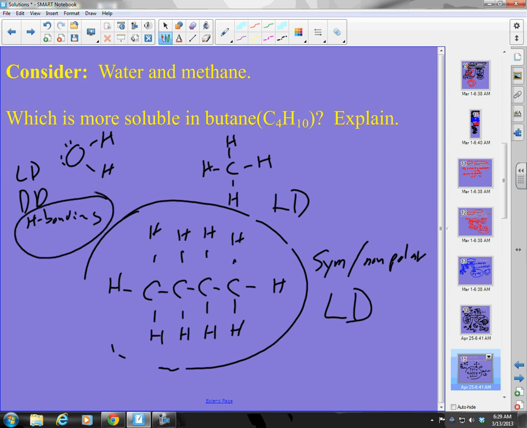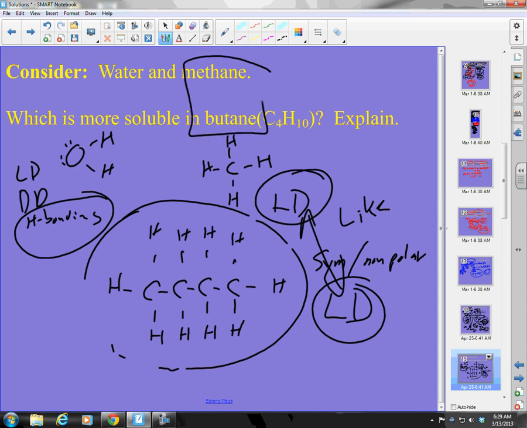Water, which has, among other things, hydrogen bonding, or methane, which only has London. Well, these guys have like. They're both alike, so the answer is methane is more likely to dissolve in, to be more soluble in butane than water. Got it? Cool.